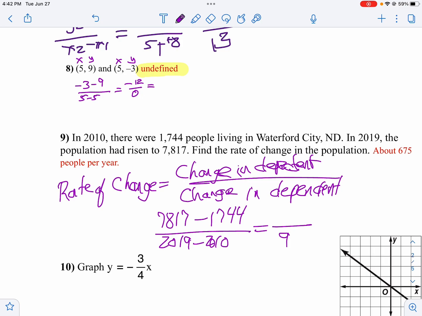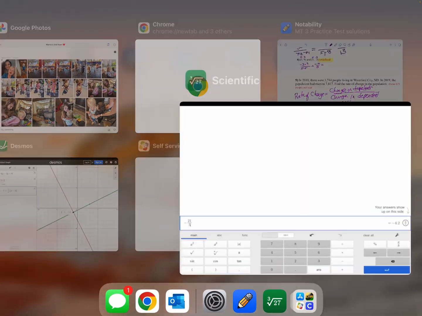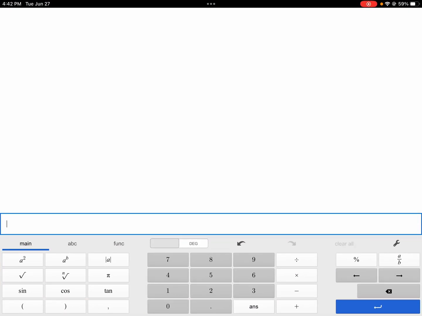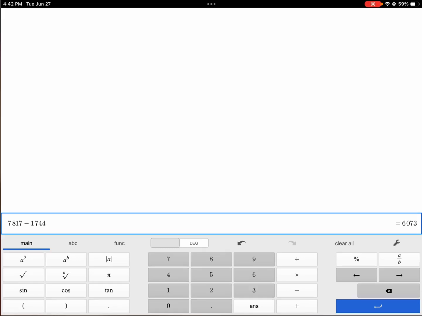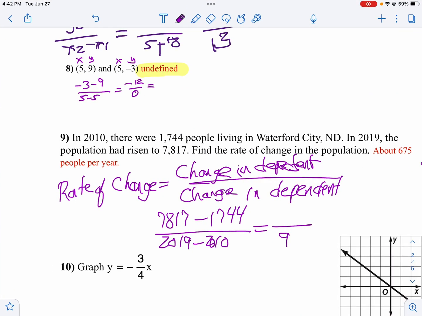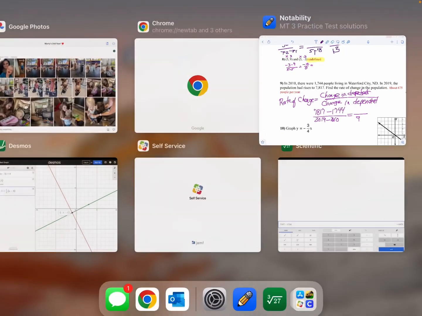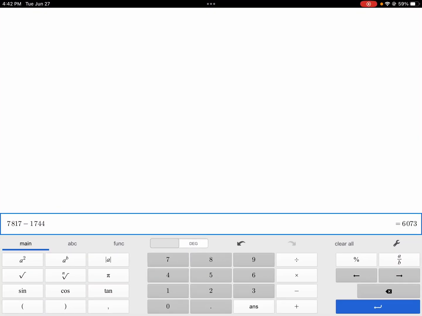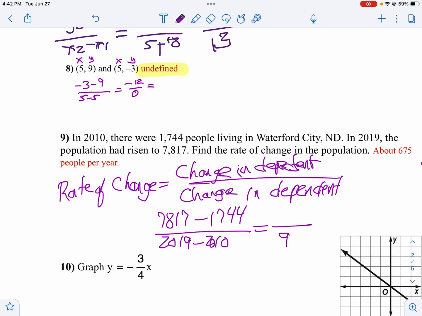Now I'm going to use my calculator for the other part. So I'm going to take 7817 and I'm going to subtract 1,744. Make sure I got that number right. So that turns out to be 6,073.